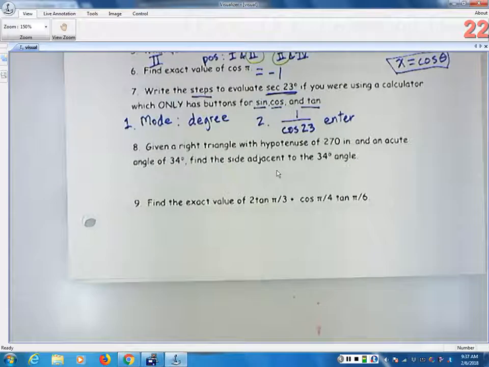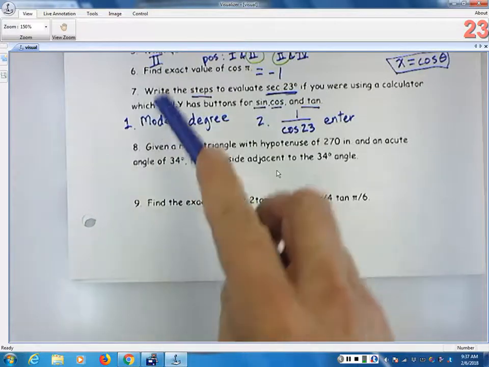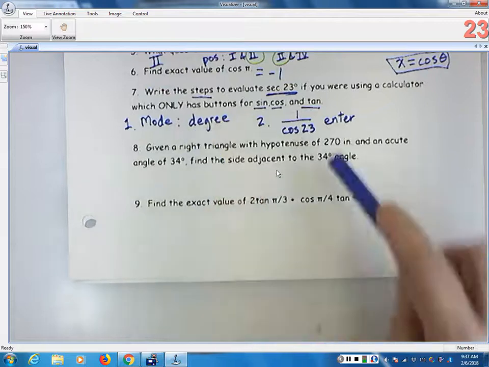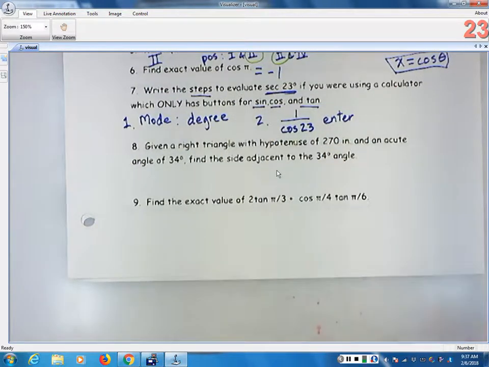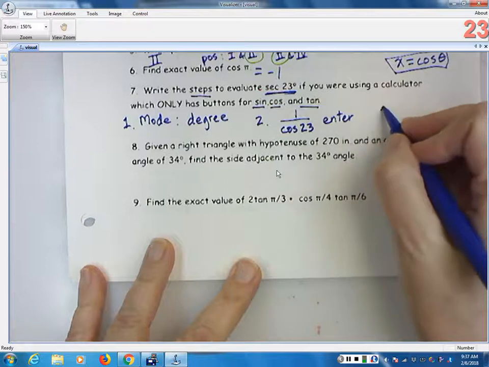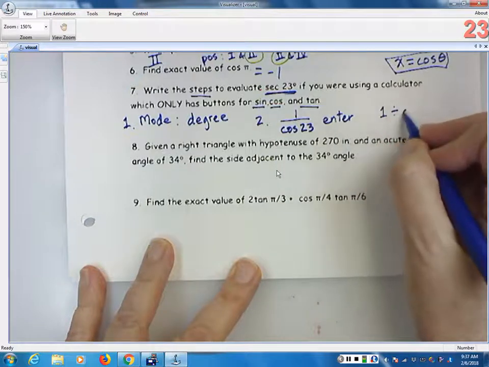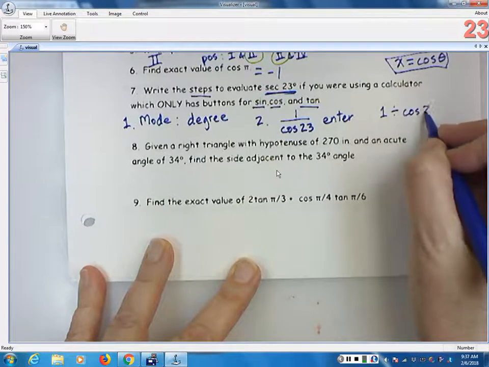I didn't ask you to find it. On the non-calculator part, I asked you how to do that on your calculator. Any questions on that? So that's what I want. Tell me the mode. And this is fine, or you could do 1 divided by cosine 3.